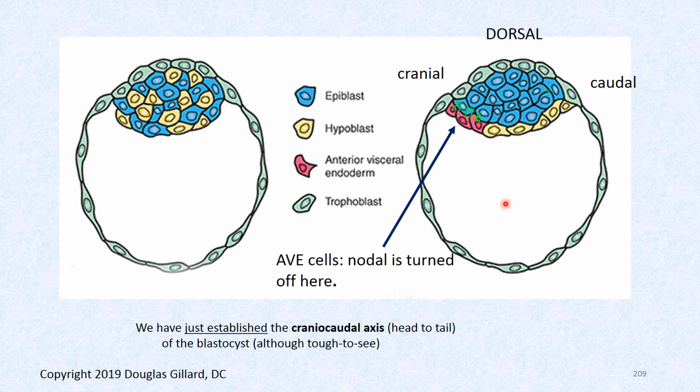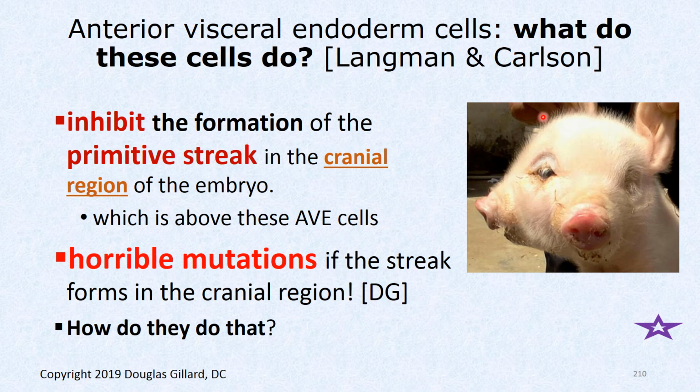Primitive streak is going to start caudally and work its way cranially when we form that. That's our little spine and our brain starting right there. But we don't want it to start back here. And so one of the jobs of AVE cells is to make darn sure this primitive streak doesn't start growing in the wrong place. That would be a disaster.